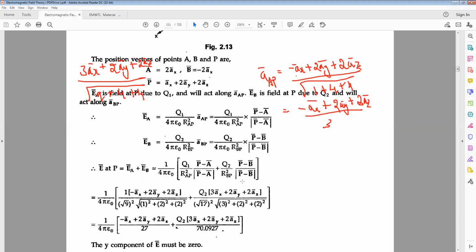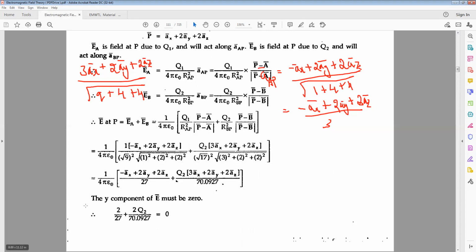So simplify this value and you'll get the Y component of E bar must be 0.